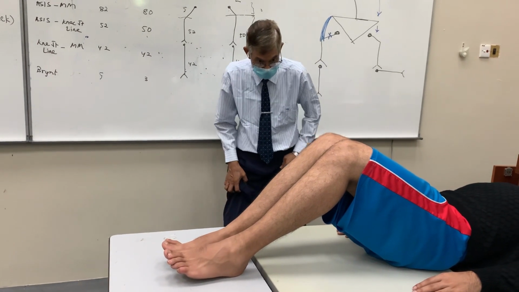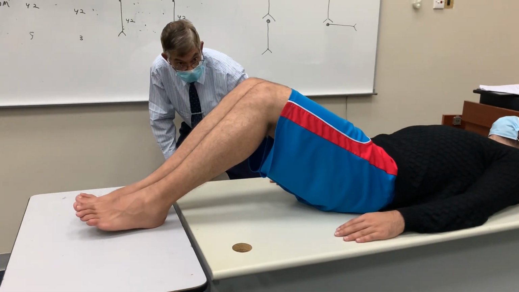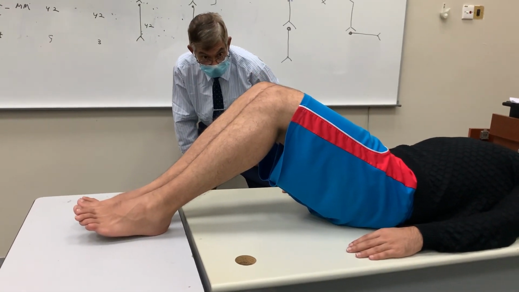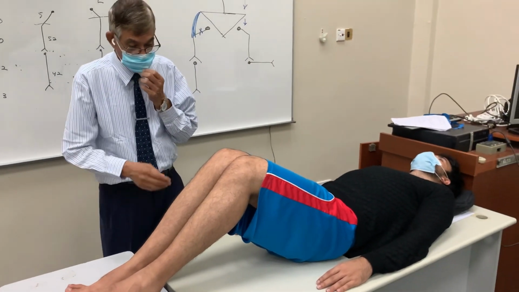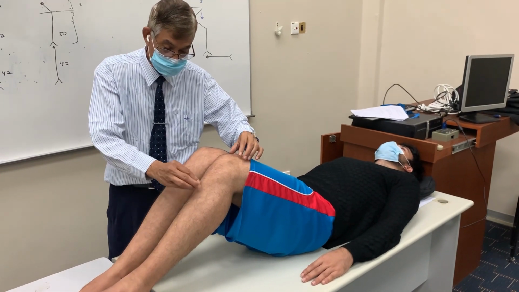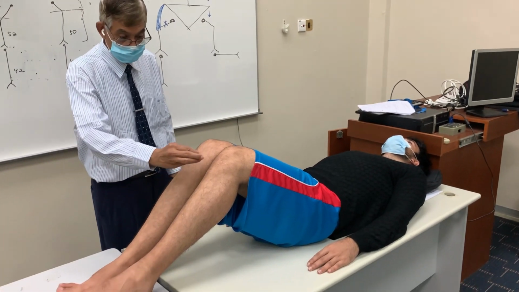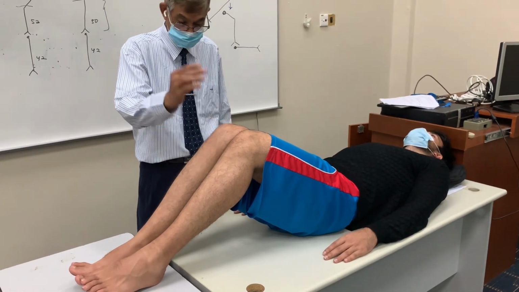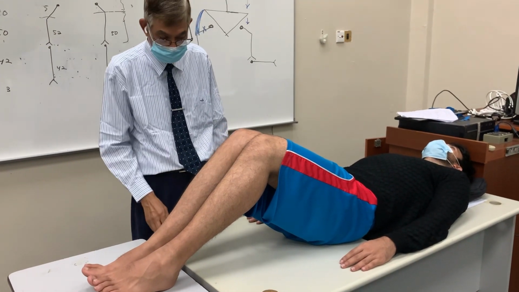Then you have to check from the side. You have to see the tibial tuberosity, whether they are at the same level. If, for example, the tibial tuberosity on the left side is sinking backward, it is due to the posterior cruciate ligament injury. It is called the posterior sagging sign.